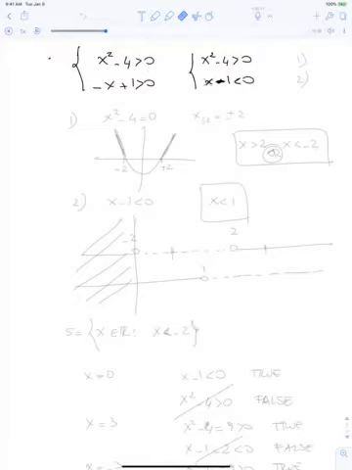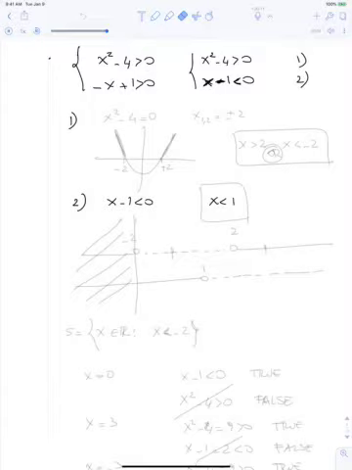So it's x minus 1 less than 0. Okay, let's solve this one first. This is inequality number 1 and inequality number 2. Well, number 2 is easy. I'm going to solve it right away. X minus 1 less than 0 means x less than 1. So this was pretty simple.